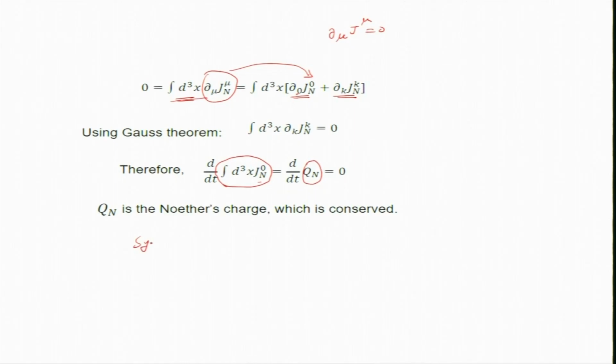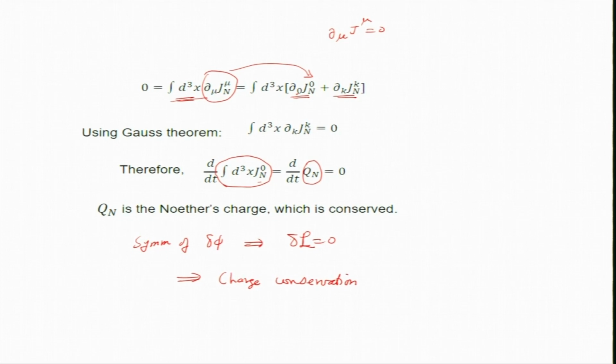Some symmetric variation of delta phi will lead to delta L being 0, and this will imply some charge conservation, some quantity will be conserved. So we need to look for variations of phi in such a way that my Lagrangian density is unchanged, and that immediately gives me a conservation law. That is the line of logic.